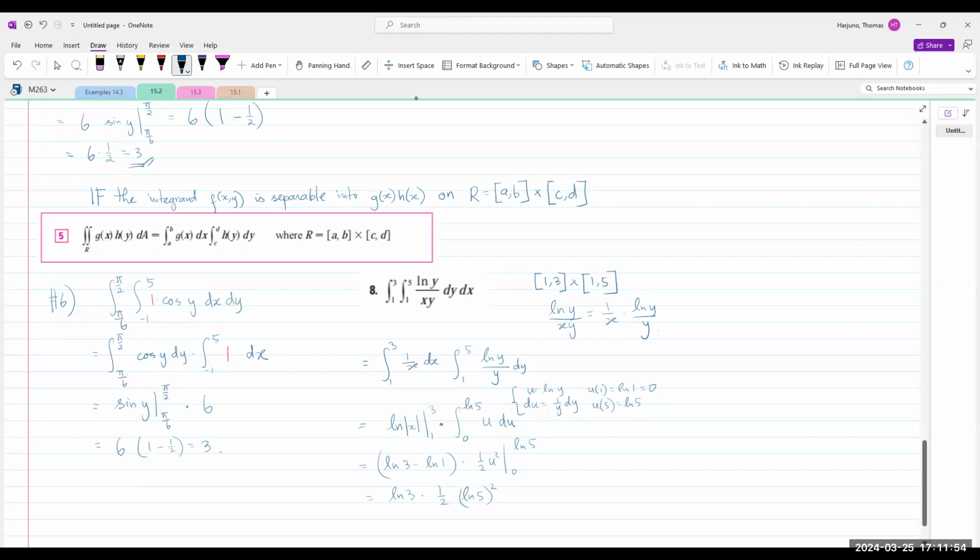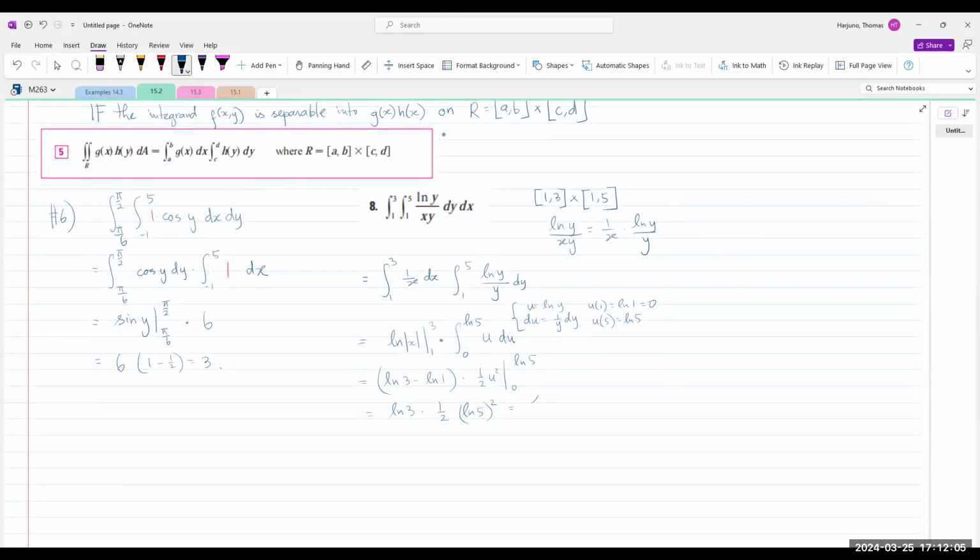Okay, I think we can simplify this, no, I cannot. I thought I could, but I cannot. This is natural log of 5 squared times natural log of 3 over 2. Okay, but you see that once we identify that the domain is a rectangle and the integrand is separable, then we can do this business.